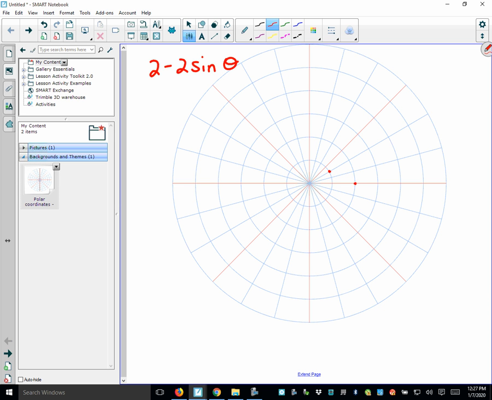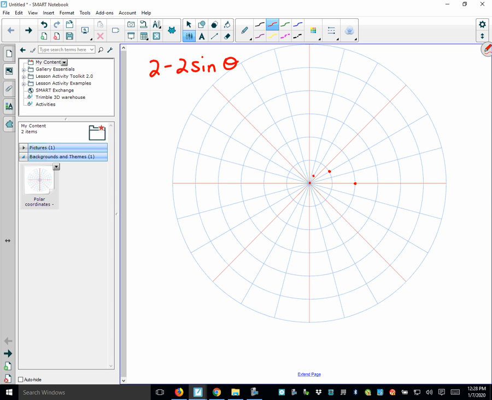At 60, what is r? 0.26. At 90, 0. Are you all tracing with us? Yes. It's not hard.